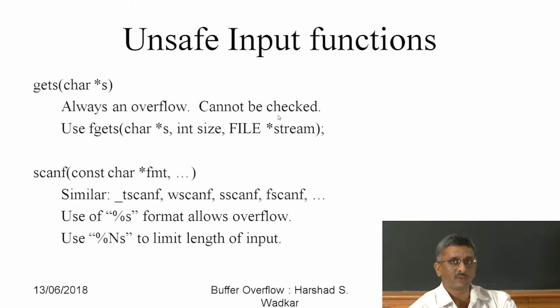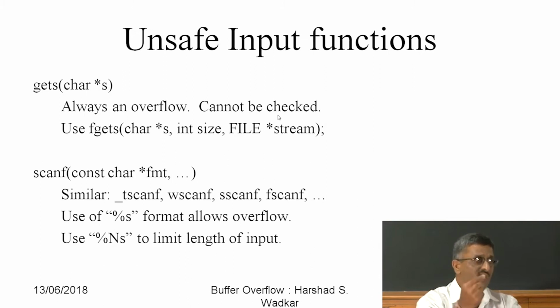Suppose I want to write hello world, or print hello on the screen using C code. What do you write? printf, bracket, double quotes hello, double quotes, complete bracket, semicolon. This can be replaced by fprintf, bracket, stdout, which is the default standard output device pointer, then the string %s, comma, double quotes hello, and the data will print on the screen. So, instead of printf I can use fprintf.